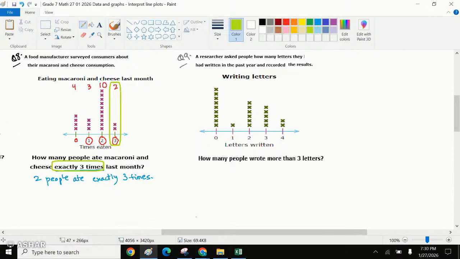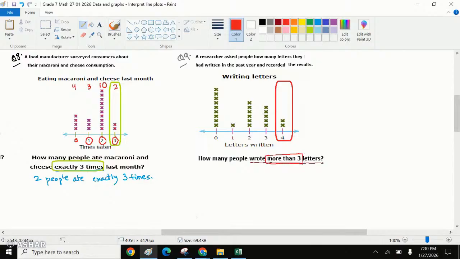So the next question, question number 9 says, how many people wrote more than 3 letters? More than 3 would mean it could be 3 letters or it could be 4 letters, right? Sorry, more than 3 would be 4. More than 3 is only 4. How many people wrote more than 3?